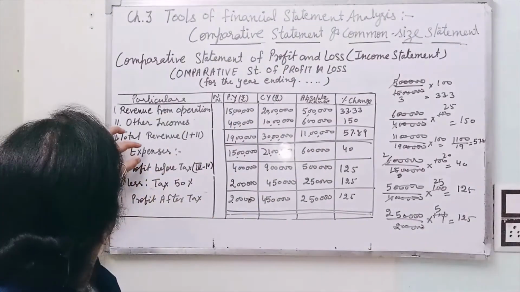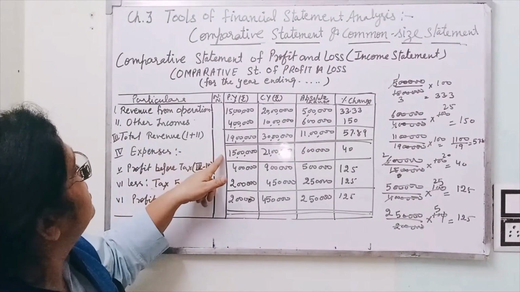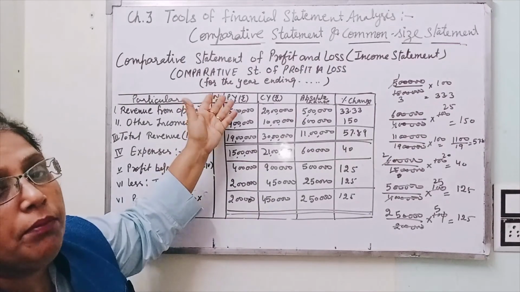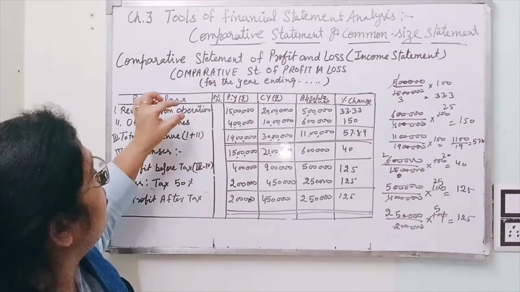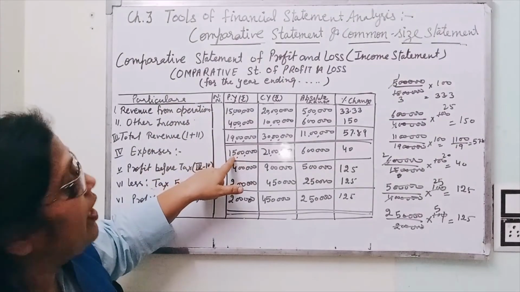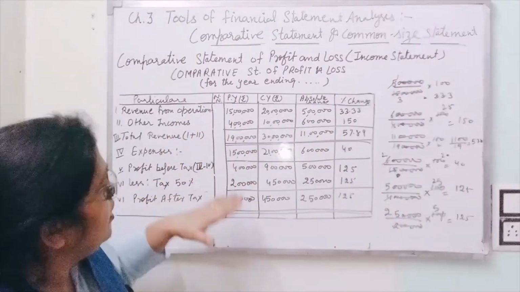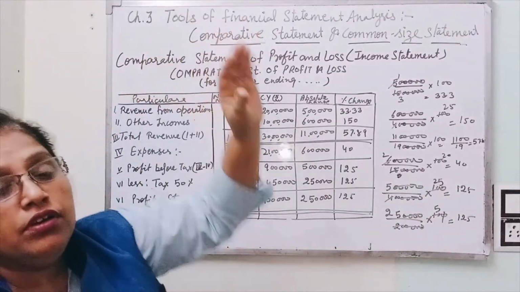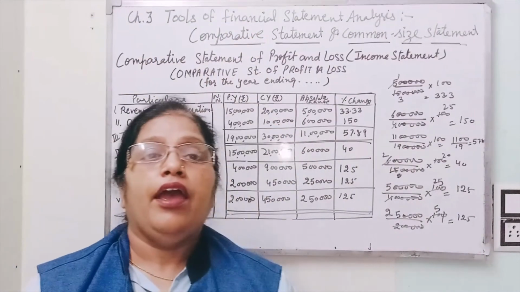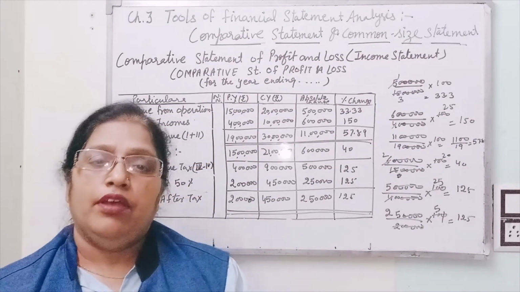Clear? Or expenses may be half of the revenue from operation or 50% of revenue from operation, then we also have to calculate and it will come 7,50,000. Now I think comparative statement of balance sheet and profit and loss is clear to you. Have a good day.